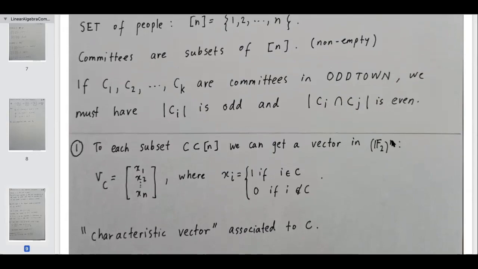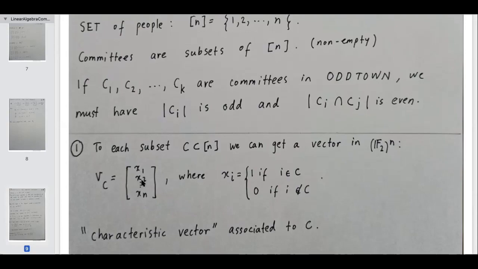Okay. So if C is a subset of 1 to n, VC is the vector with n components x1, x2, ..., xn, where xi is equal to 1 if the element i belongs to the subset C, and 0 if i does not belong to C. So this vector just tells you which elements belong to this set.